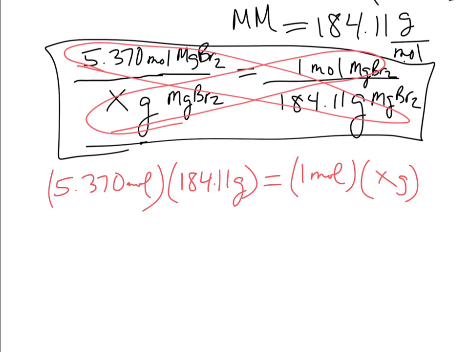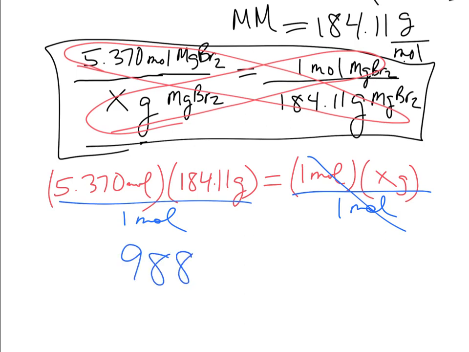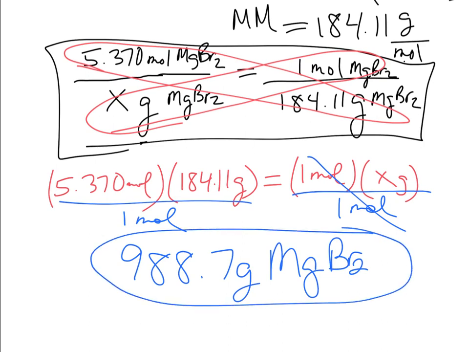And to solve for x, obviously you don't really need to do this, but just in case we forget our algebra, divide both sides by 1 mole so that I isolate x on the right side. And when I multiply the 5.370 and 184.11, I end up getting 988.7 grams of magnesium bromide. Oops, MgBr2. And that would be my final answer.